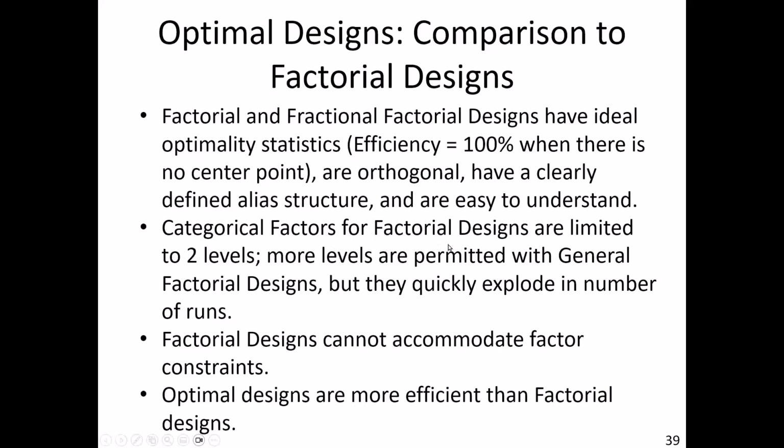Categorical factors for factorial designs are limited to 2 levels. You can get more levels with the general factorial, but that quickly explodes in the number of runs. Also, factorial designs cannot accommodate factor constraints. Finally, optimal designs are more efficient than factorial designs, so if your runs are expensive, then the optimal may be a better choice here than a factorial design.